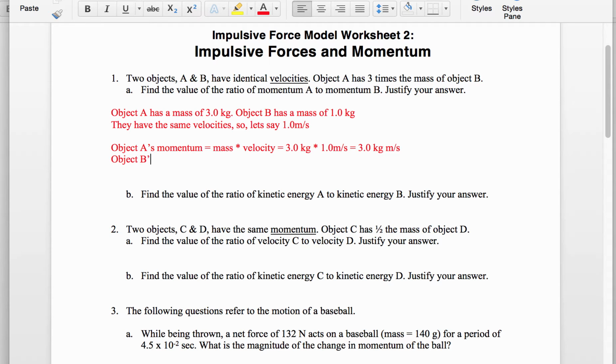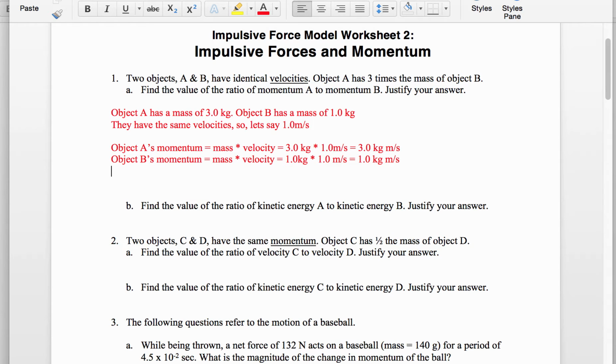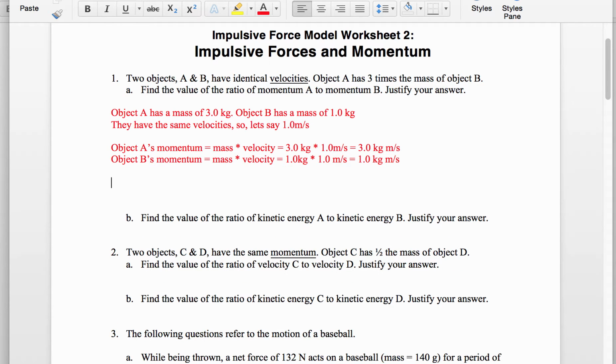Object B's momentum is its mass times its velocity. What's its mass? 1 kilogram times 1 meter per second is 1 kilogram meter per second. So what's the ratio? Ratio is like 1 to 1, 3 to 1.